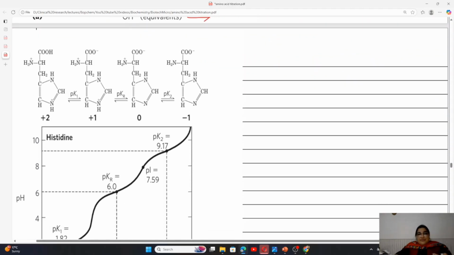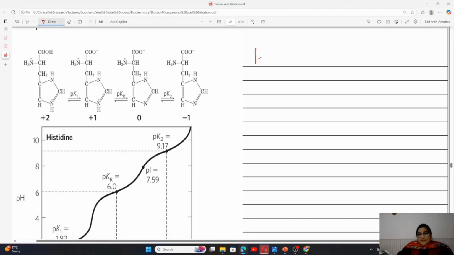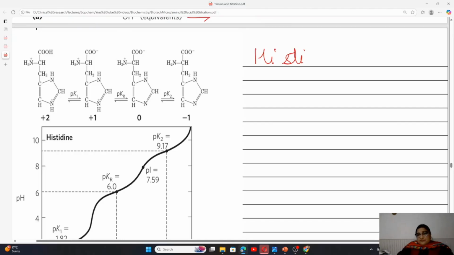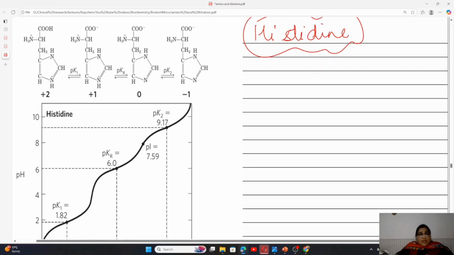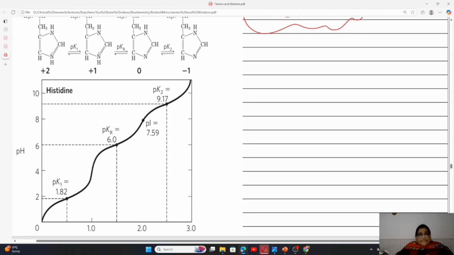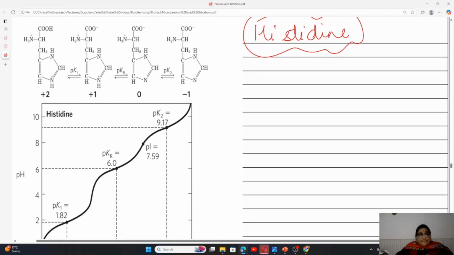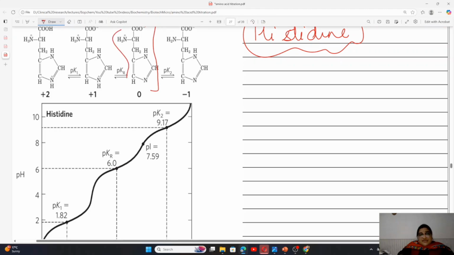Okay, now again, this is histidine. In the histidine example, you can see that it is existing as a Zwitter ion somewhere here.